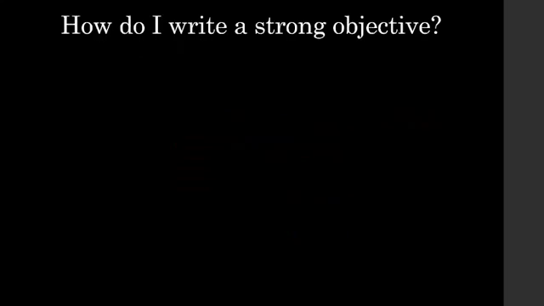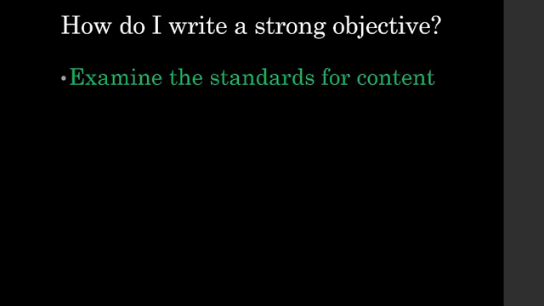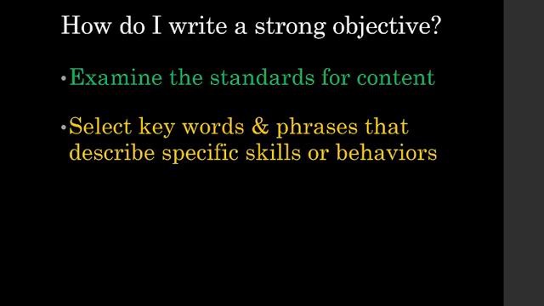So how do I write a strong objective? I need to examine the standards for content. I need to select key words and phrases that describe specific skills or behaviors. I need to pay close attention to the verbs in the standards. They are clues to the behavior we want to see in our students.